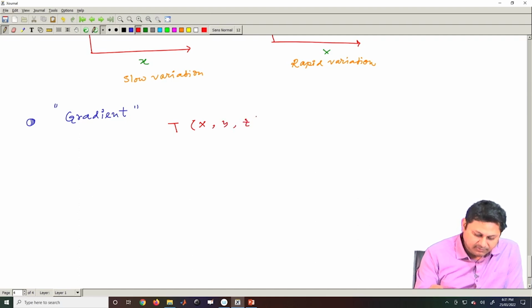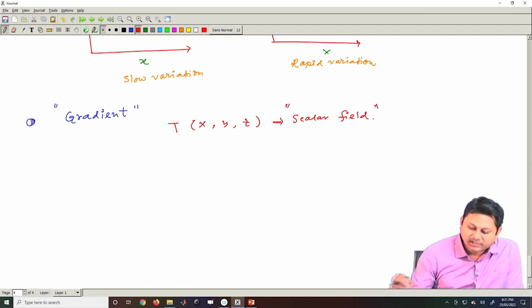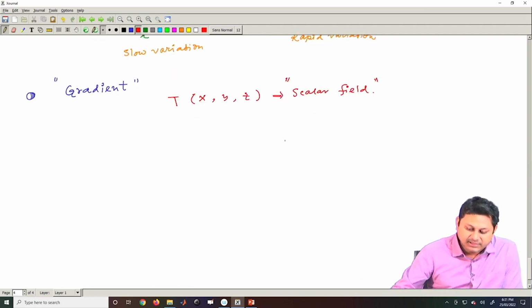So, this is a scalar function or scalar field. Now, this scalar field is a function of x, y, z. So, if I change x, y, z, it is going to change.